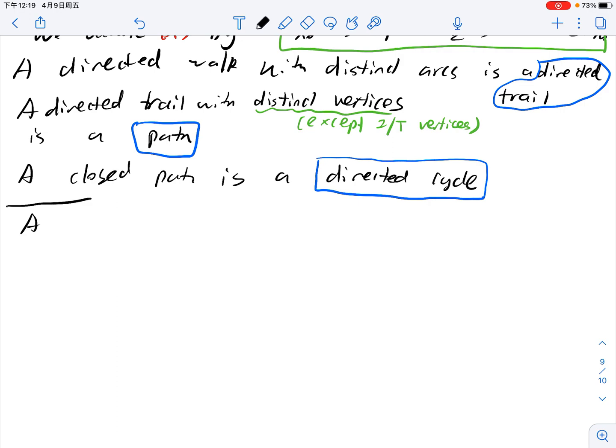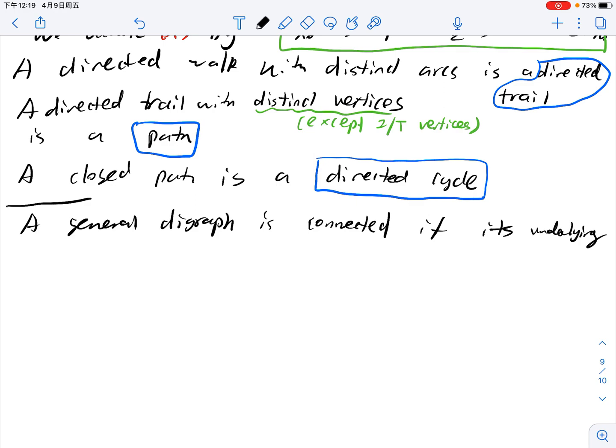And then a general digraph is connected if its underlying general graph is connected.